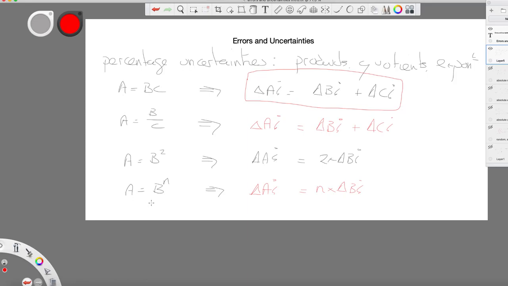The percentage uncertainty in the volume of a cube would be 3 times the percentage uncertainty in the length of the sides.